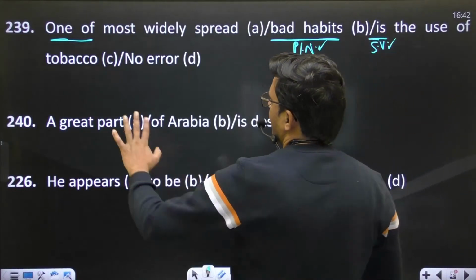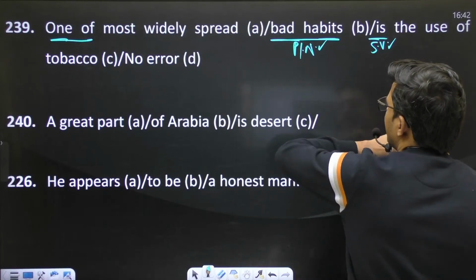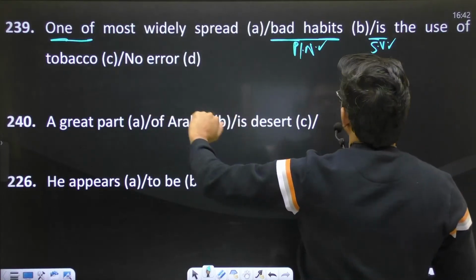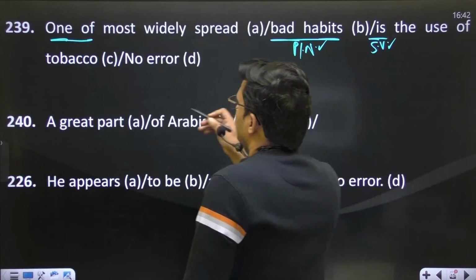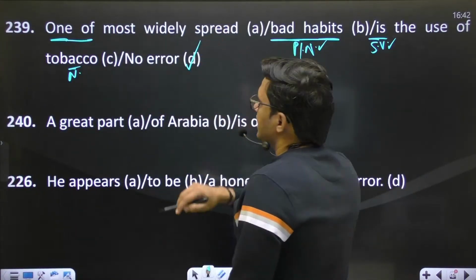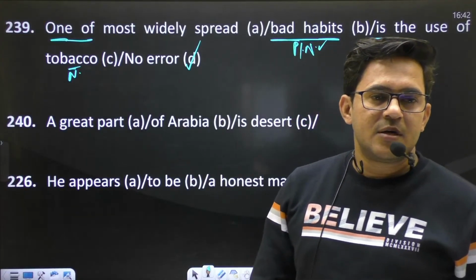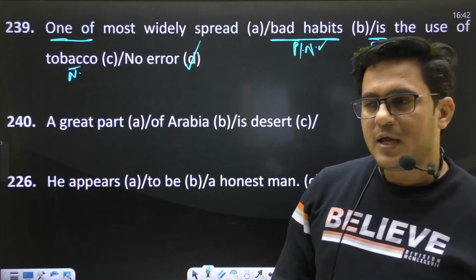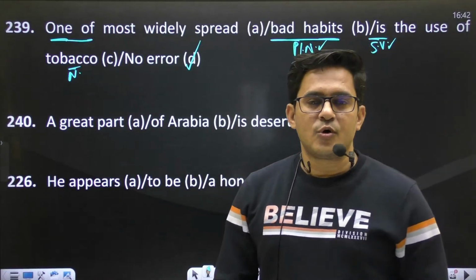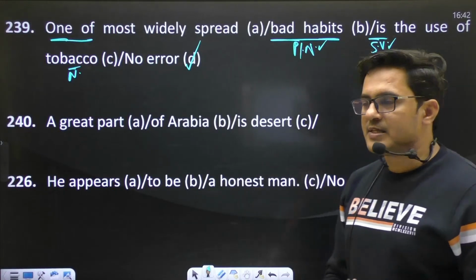So the sentence is right: one of the most widely spread bad habits is the use of tobacco. Use of what? Prepositions are followed by a noun or pronoun. So this sentence has no error. Option D is the right answer.